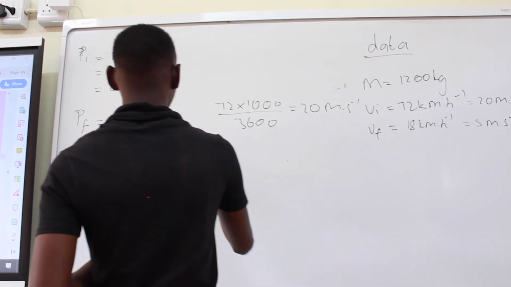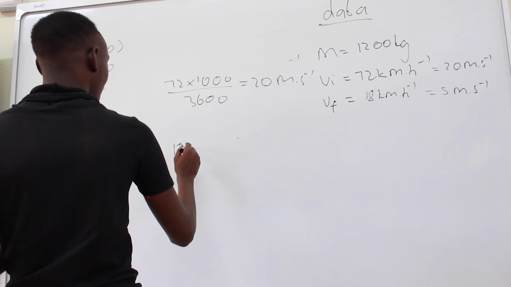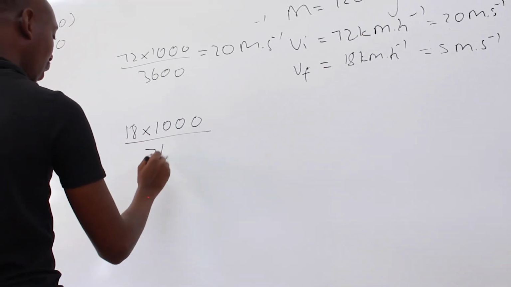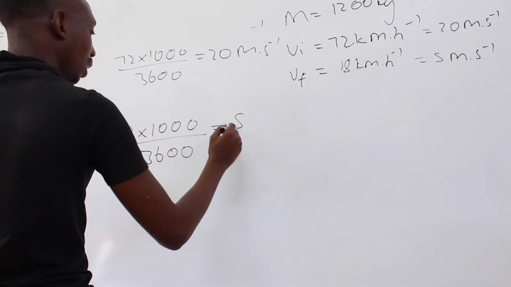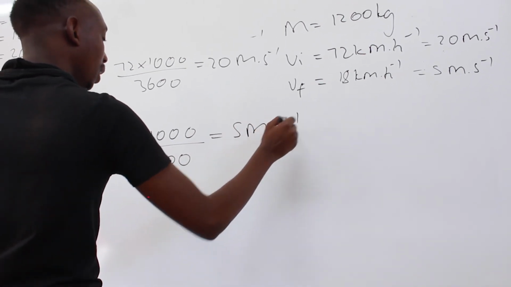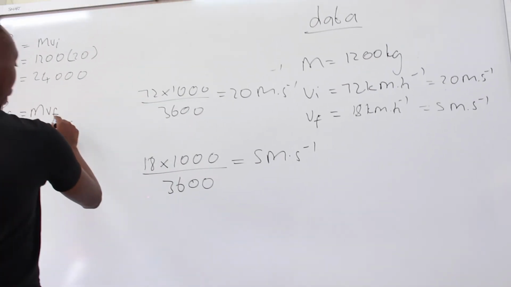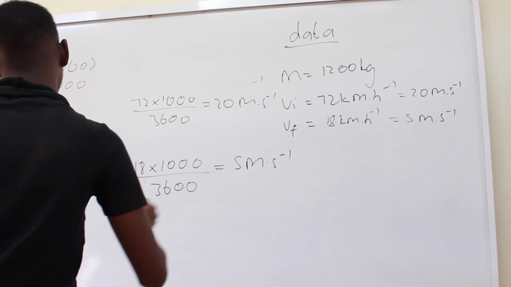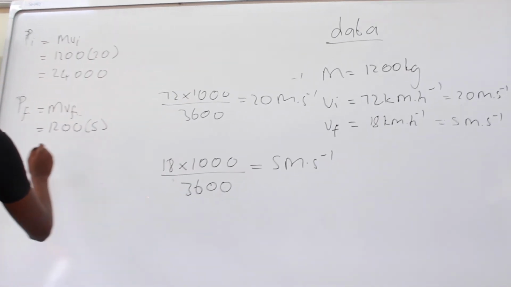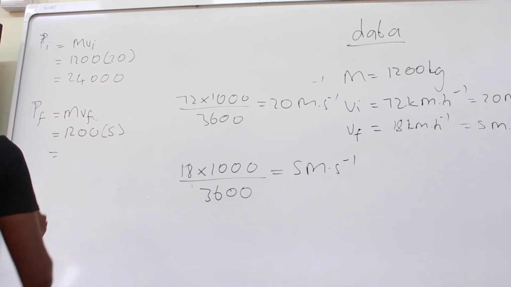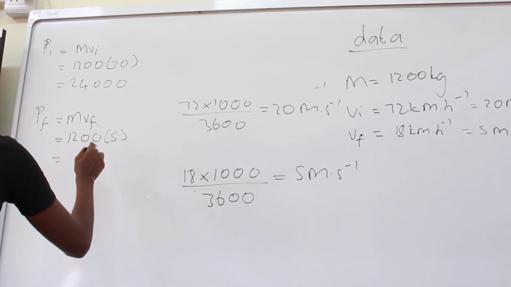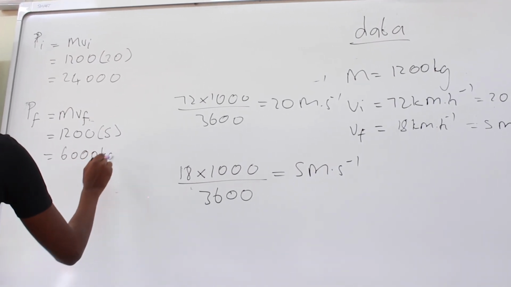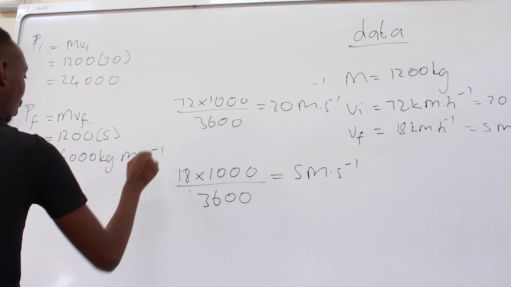This is the same as 18 times 1,000, divided by 3,600, and then you get the final velocity of 5 meters per second. Now I substitute 5 for the velocity. So 1,200 times 5, I get 6,000 kilograms meters per second.